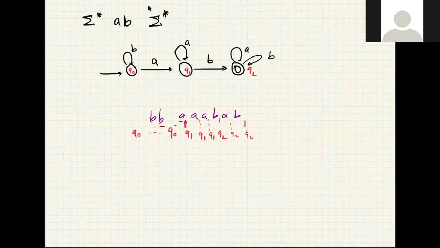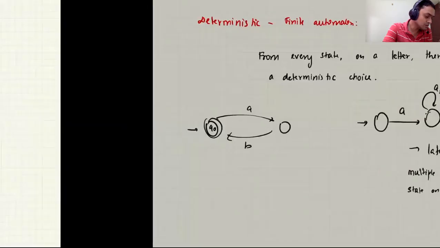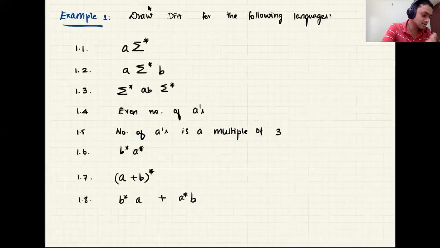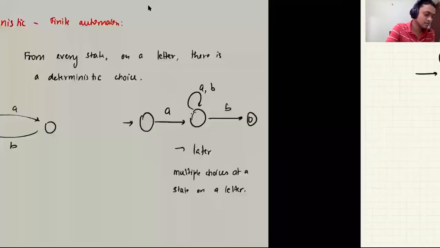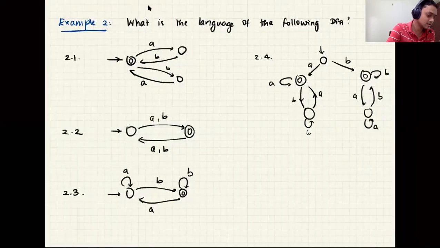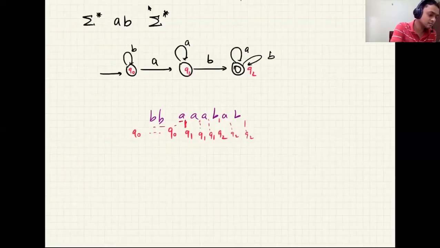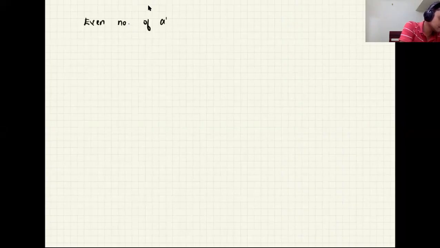Okay, so maybe I'll just do one more example and then I will start defining it formally, because now we have had enough practice. So let me do even number of A's. Now my automaton should count modulo 2.